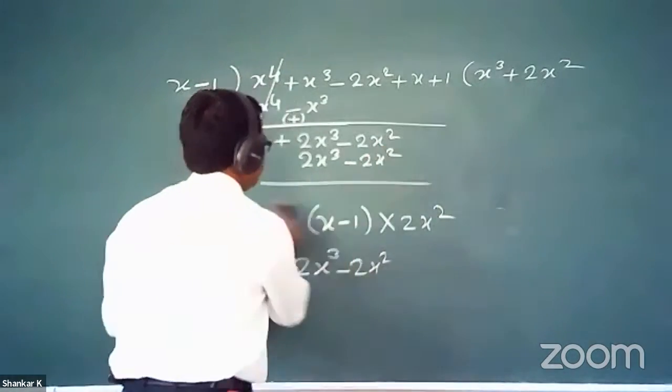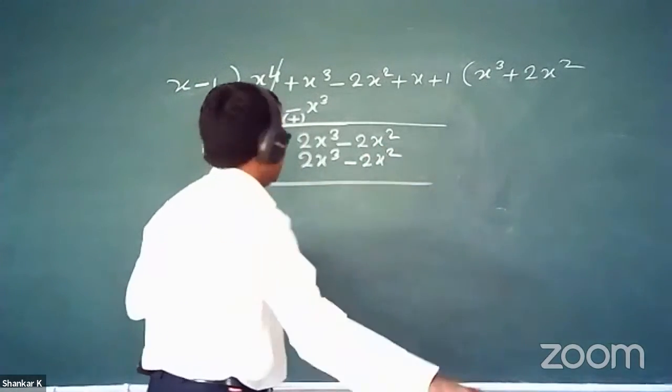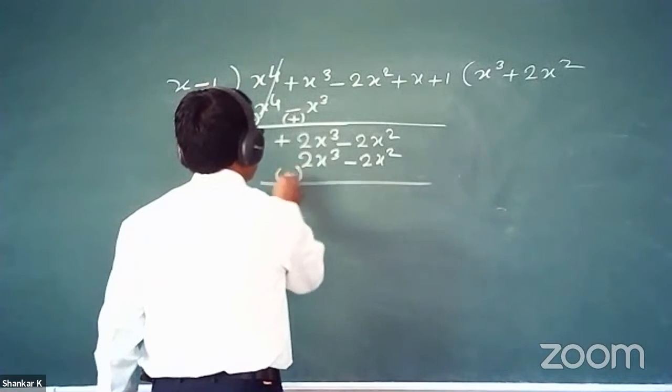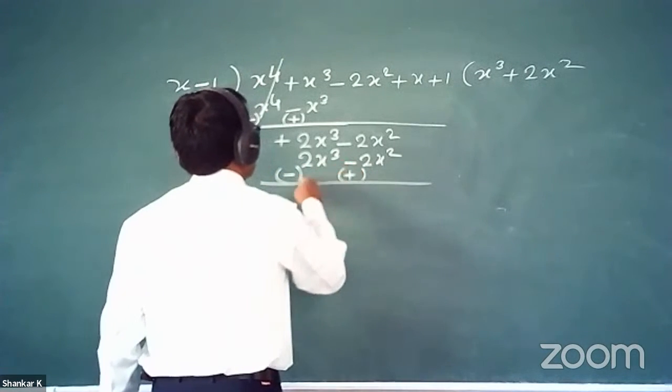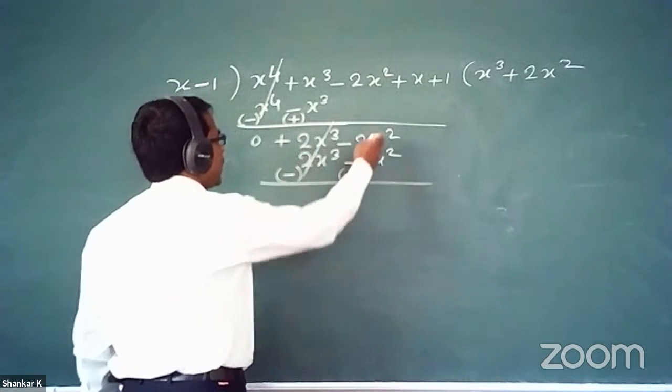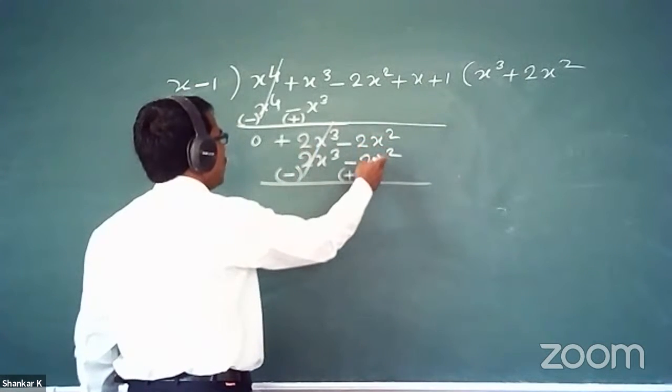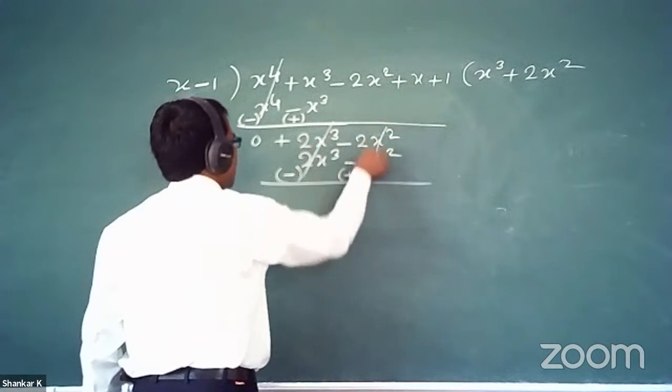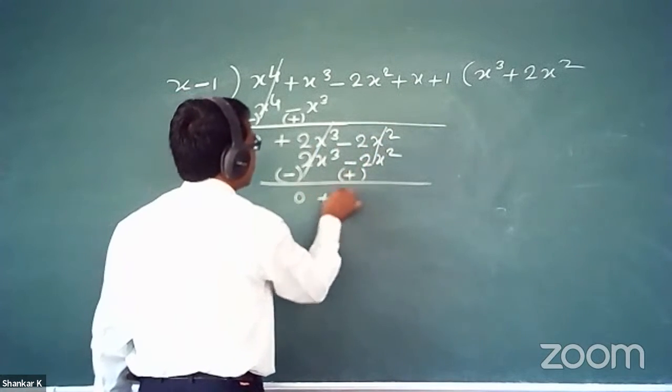Change the sign. 0, 0. Minus becomes plus. 2x cube minus 2x cube is 0, minus 2x square plus 2x square is also 0. Then 0 plus 1.